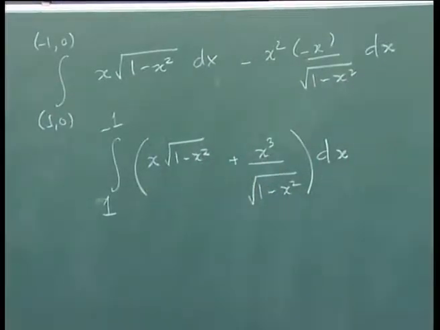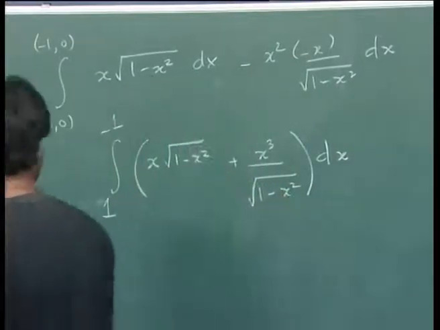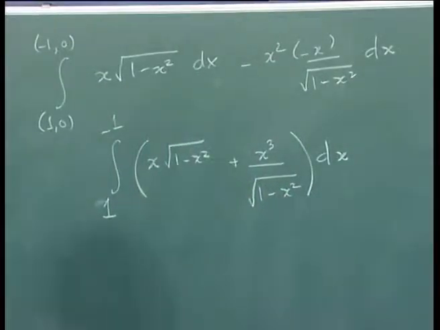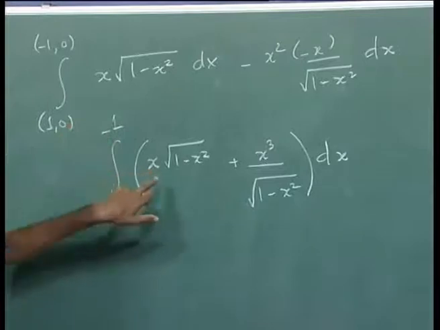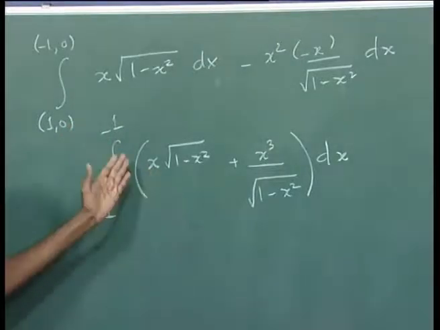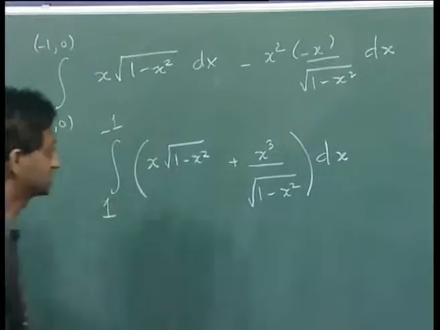Okay. And you can go ahead and work out this integral. It is fairly easy to show that the value of this integral should be 0, because you are integrating from 1 to minus 1, and the integrand is an odd function of x. So, if I change x to minus x, then the integrand changes sign, and therefore, this is equal to 0.